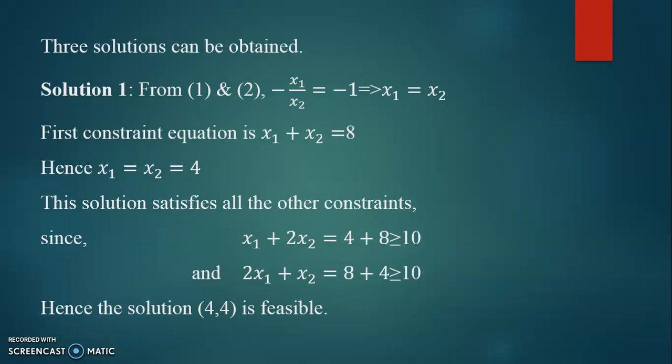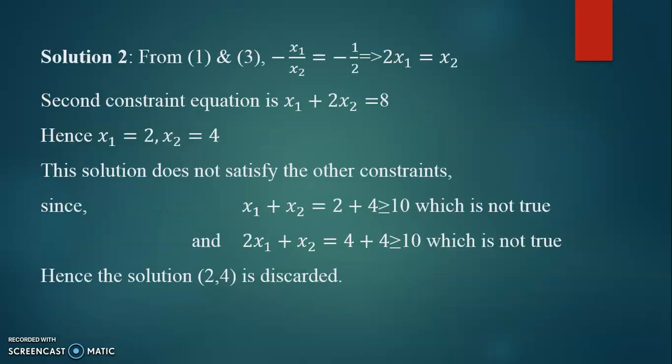If we substitute x1 equal to 4 and x2 equal to 4, then x1 plus 2x2 is equal to 4 plus 8, which is 12, which is greater than or equal to 10. This is true. And 2x1 plus x2 is equal to 2 into 4, that is 8, plus 4, that is 12, which is greater than or equal to 10, also true. Hence the solution 4, 4 is feasible.